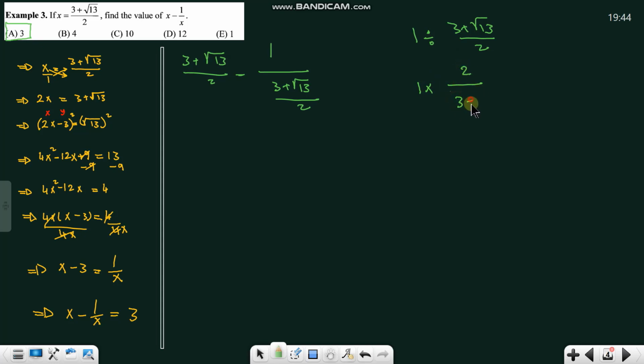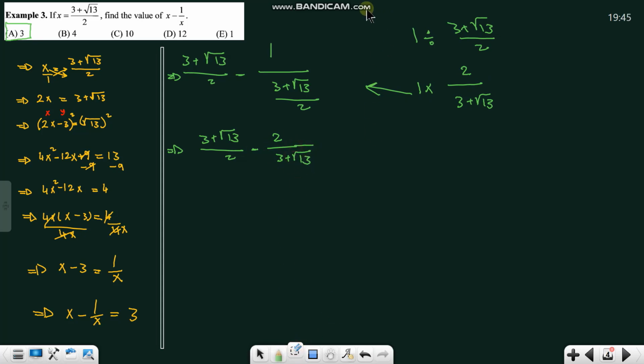It will be 2 over (3 plus square root 13). So in here I have the same thing, and I'm going to flip this one. It becomes (3 plus square root 13) over 2 minus 2 over (3 plus square root 13), because 1 multiplied by this expression will be itself.